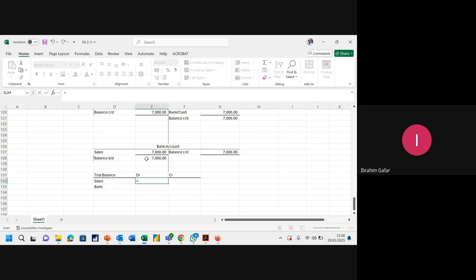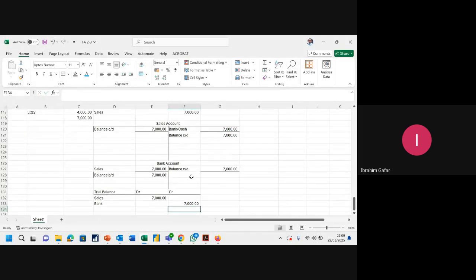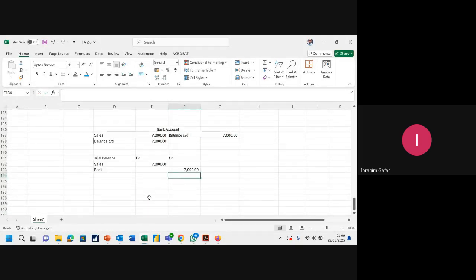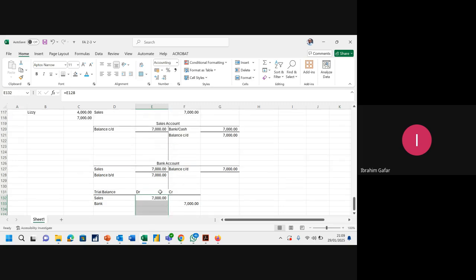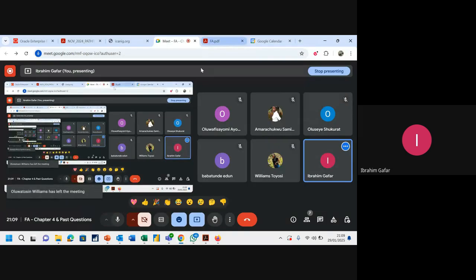So I have this on the debit side, I put it here. I have this on the credit side. This balance brought down, put it here. So this means I've done the necessary things in my trial balance. Anytime, any day, this is correct anywhere, right? So that's just an example.